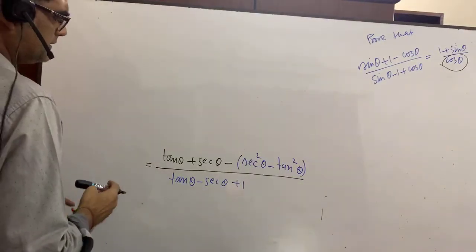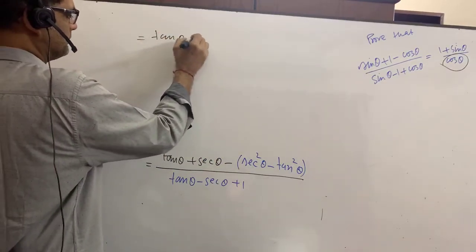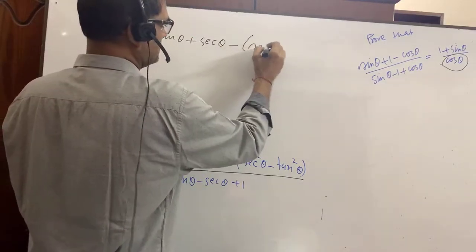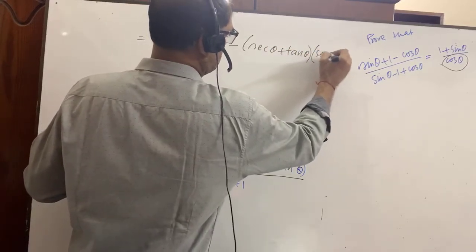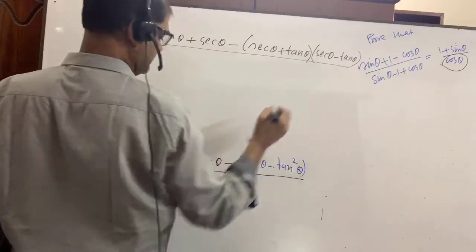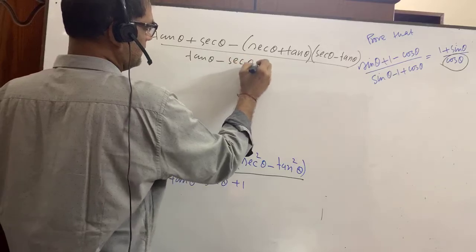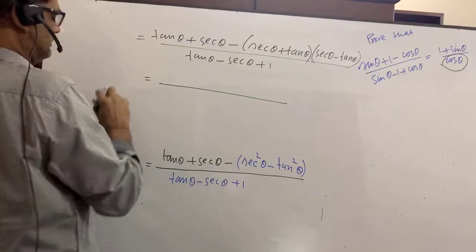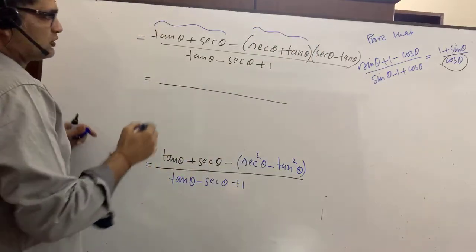Now you see here it is the formula. What is the formula? Tan theta plus sec theta minus (sec theta plus tan theta) into (sec theta minus tan theta) by, like the previous math, I am doing it again. Now we can take common like the previous one. This and this are the same, so that can be taken common.